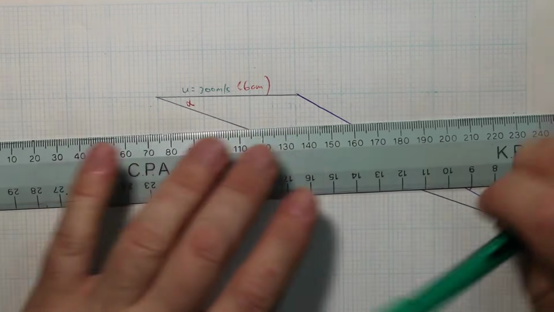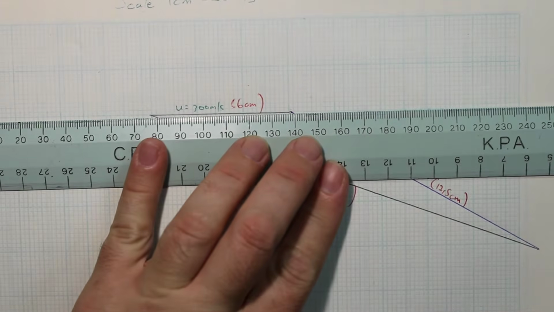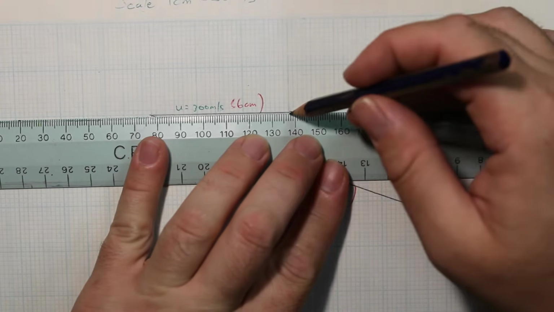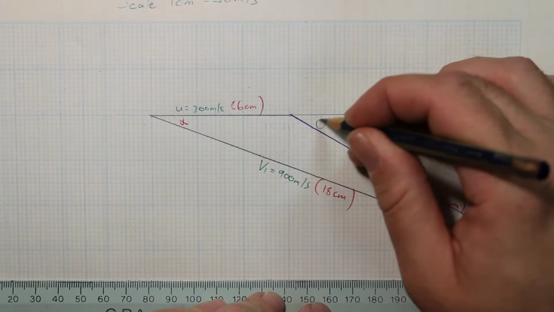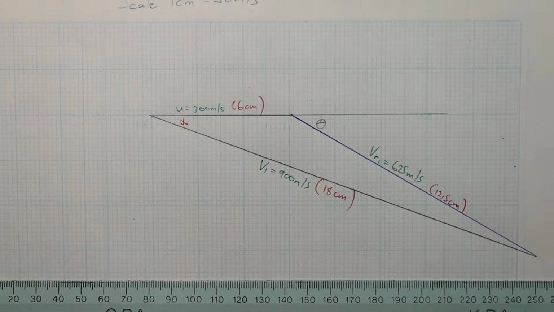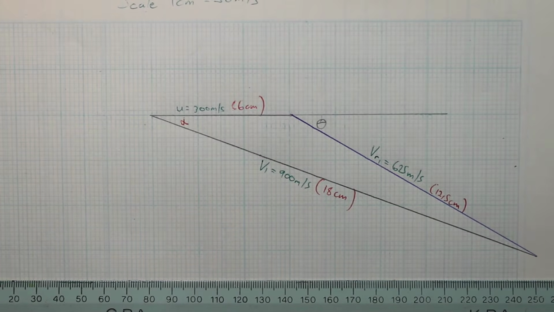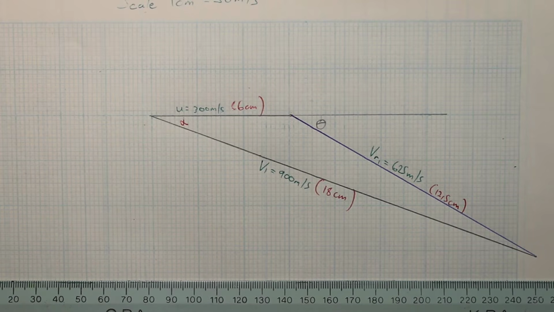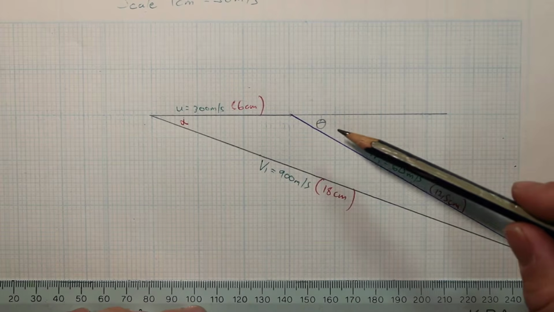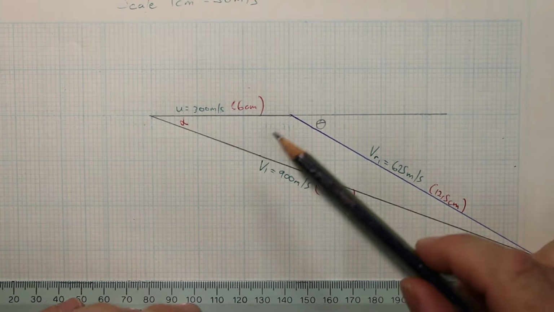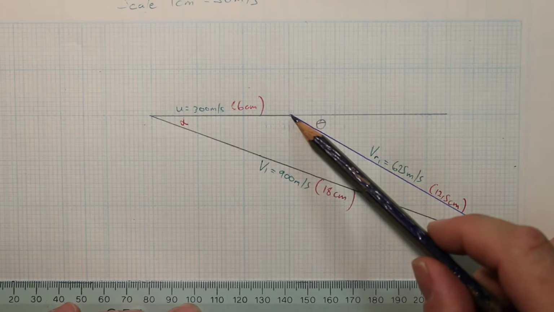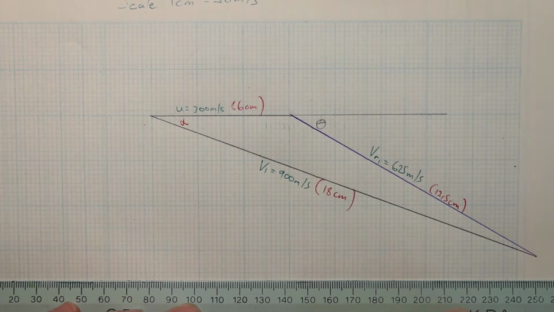Then we're going to do the angle quickly. That angle is going to be our theta, the inlet angle. Because the question said that the inlet angle is symmetrical to the outlet angle, the outlet angle, which is phi, is going to be the same as that.